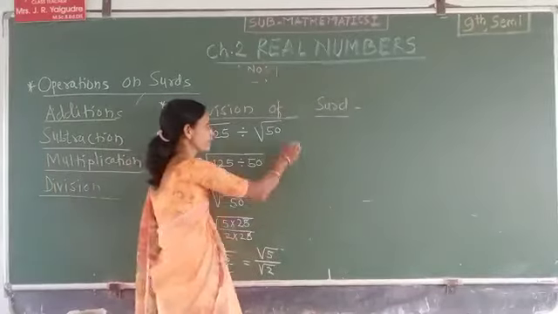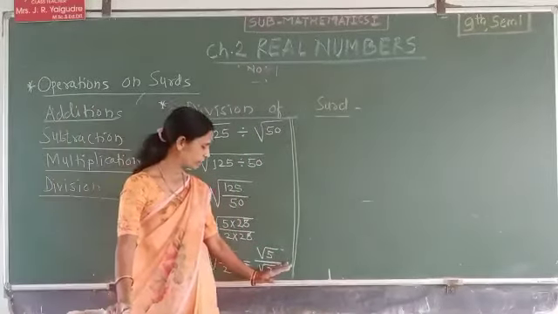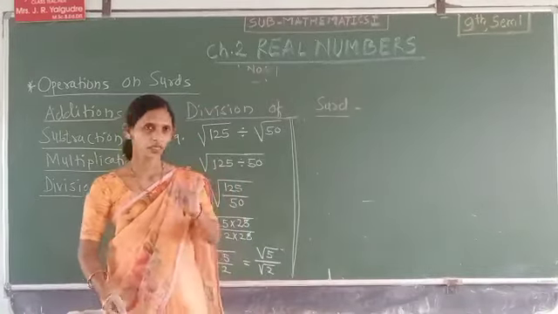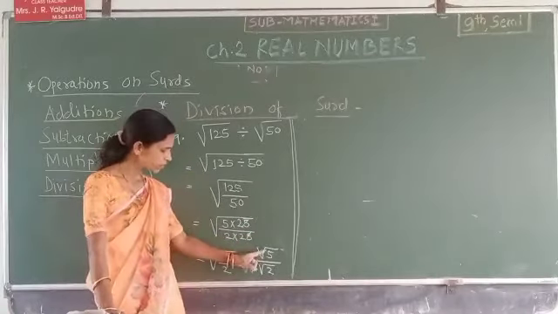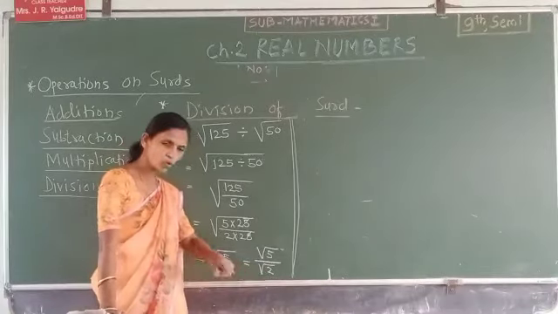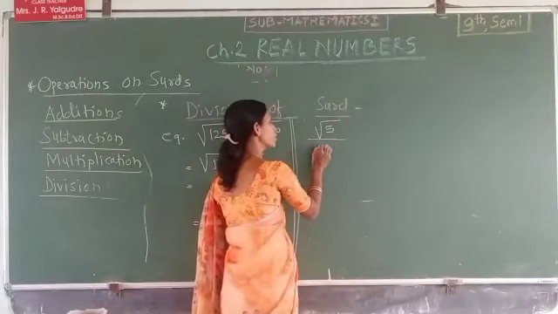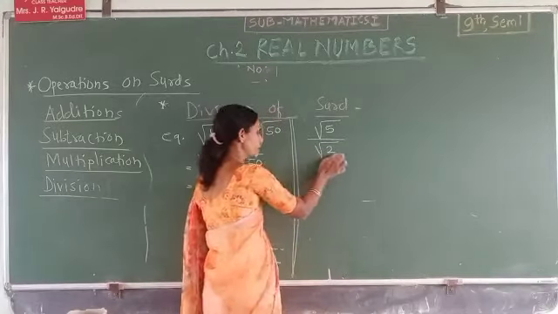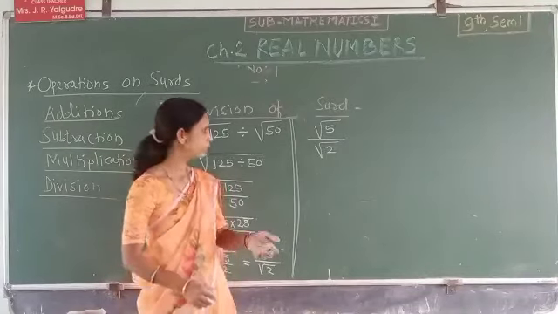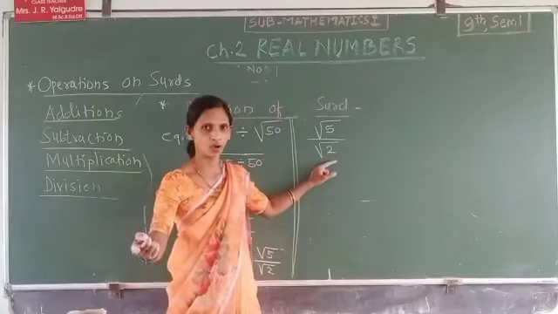Then see here one more concept which is related with surds, that is rationalization of surds. See here, rationalization of surds means here root 5 is an irrational number upon root 2 is also an irrational number. Then here the numerator is an irrational number as well as the denominator is an irrational number. Then there is a method to convert the denominator into rational form.